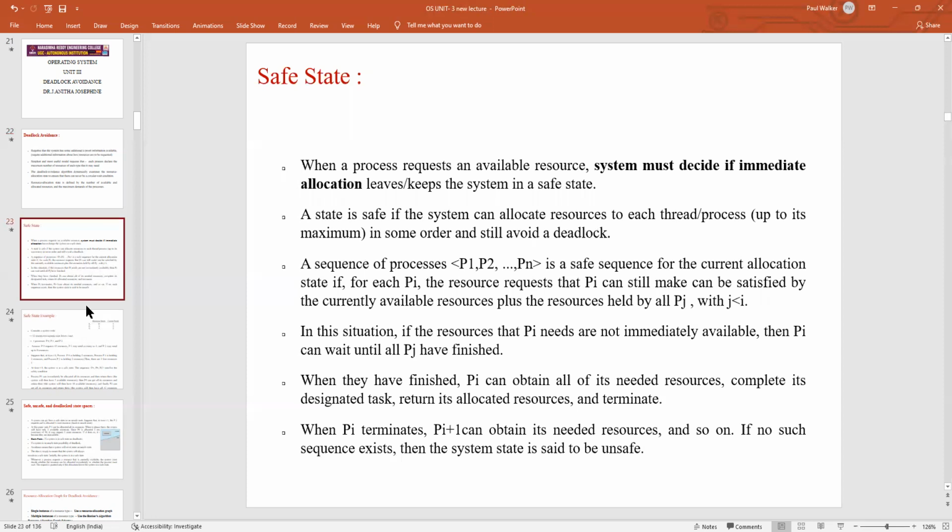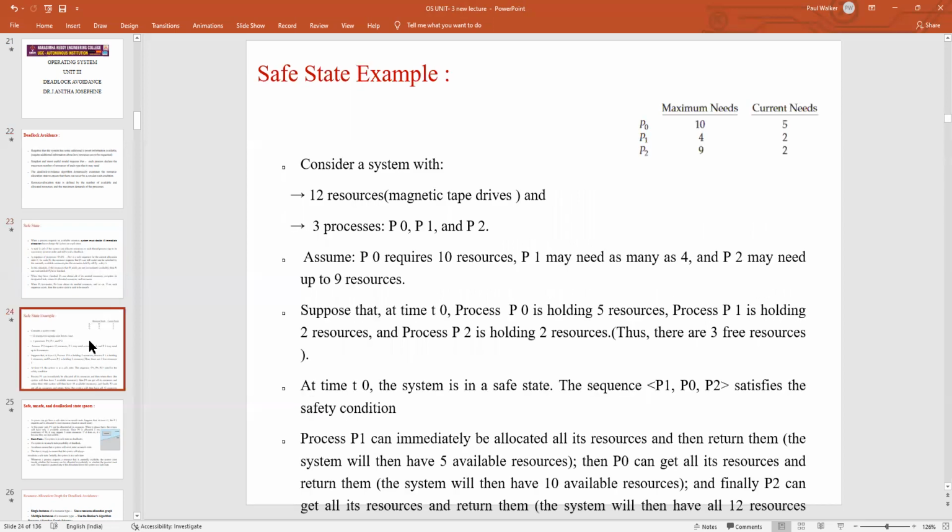In the sequence of processes P1, P2, and Pn, the safe sequence for the current allocation is that P1 should have a resource from R1, P2 should have a resource from R2, and Pn should have a resource from Rn. Like that, they share the resources and do not enter into a deadlock condition. That is called a safe state.